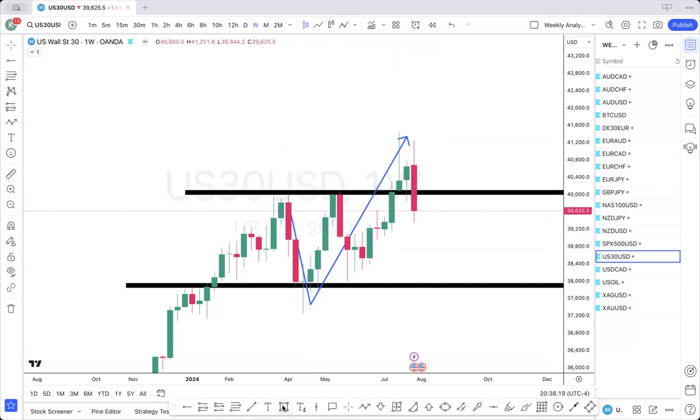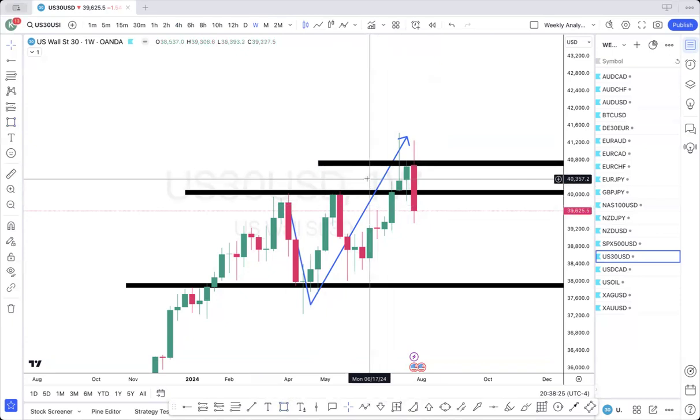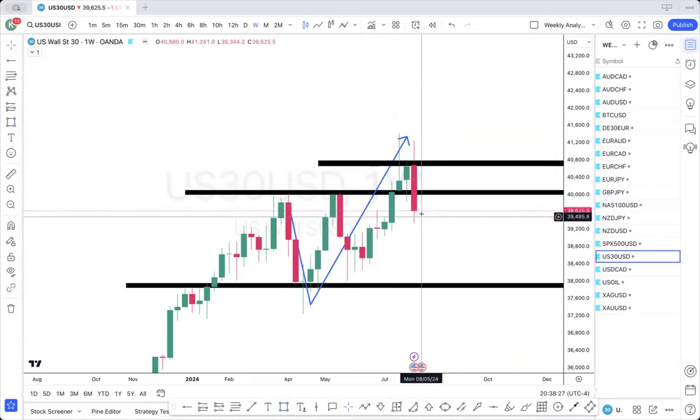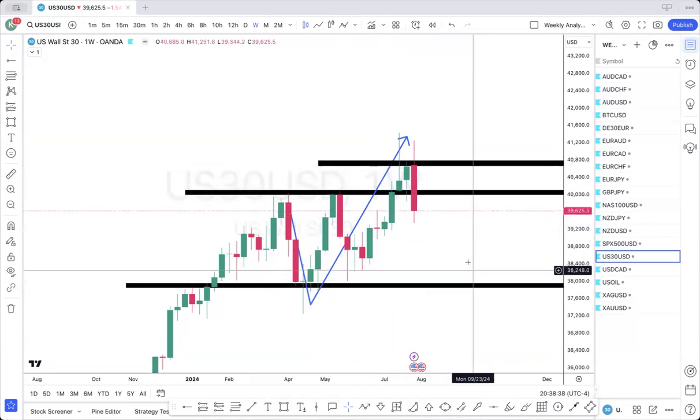It could even push back up. This is now the new key level. So I can see price pushing back up to this zone, or even pushing back up to this zone to either continue selling from there or keep buying.